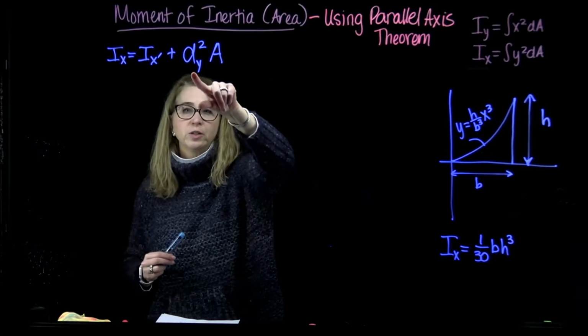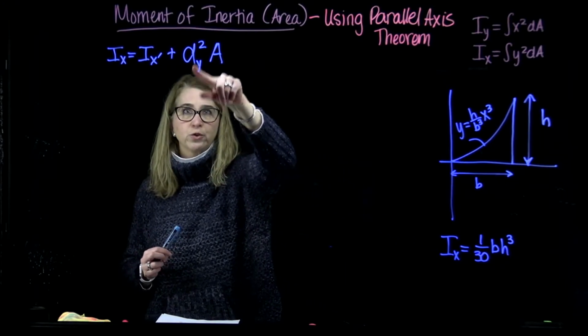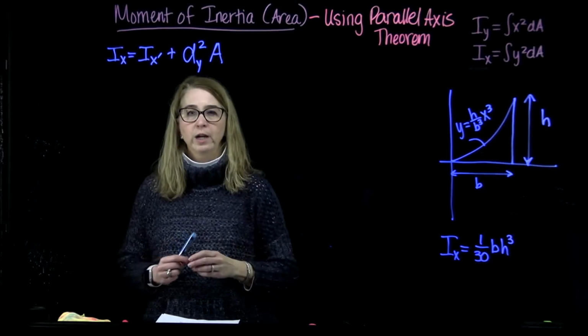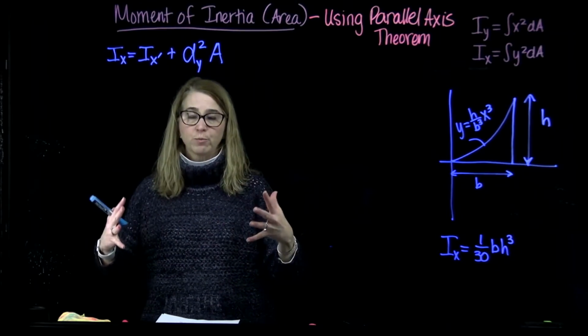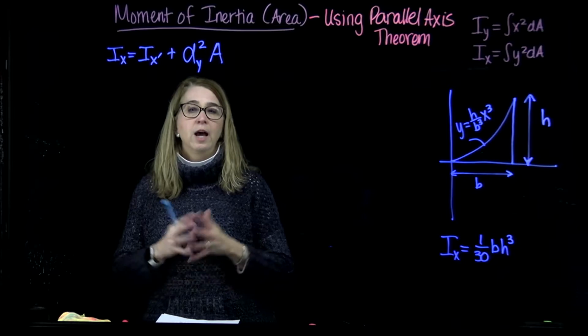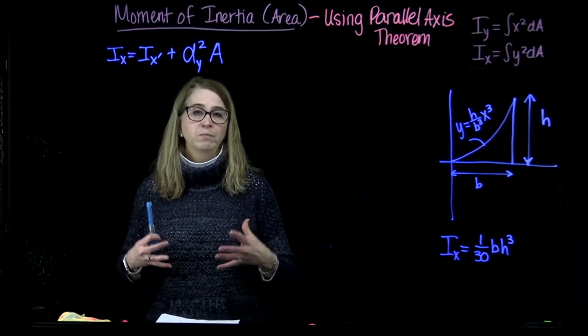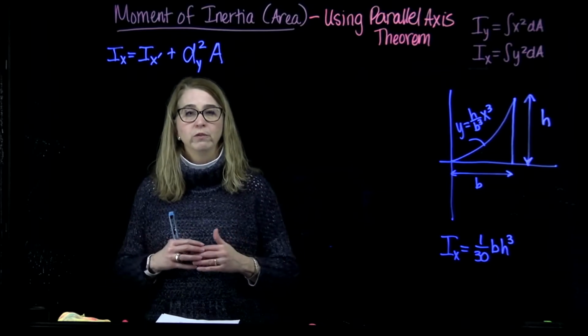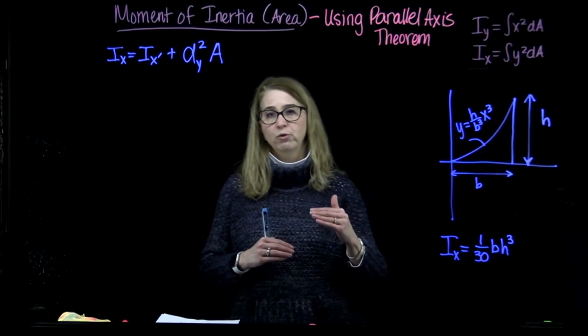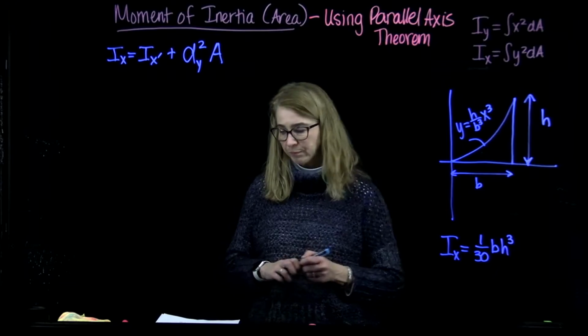So it's the distance that it's moved in the y direction squared times the total area. So this expression tells us how we can calculate the moment of inertia for a case where we're moving the axes from the centroid to another location.